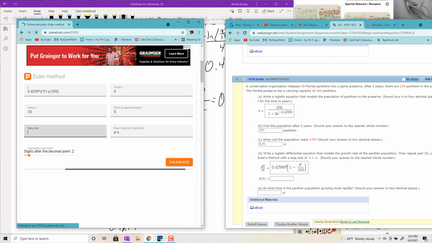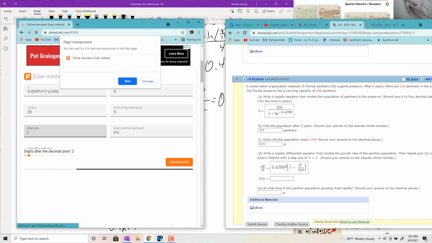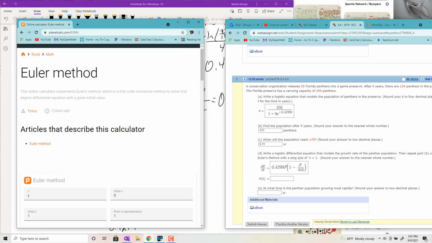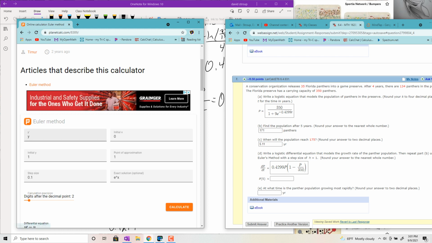Maybe you literally have to write the y prime equals. I wasn't very happy about that. Let me try this first, so it's kind of already in there. Go backwards. And then exact solution. Approximation 5. 35. 0.